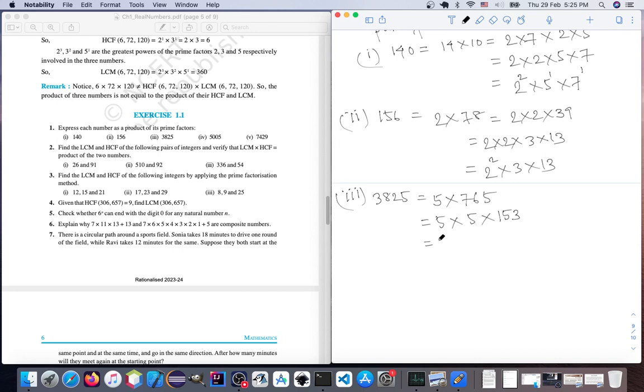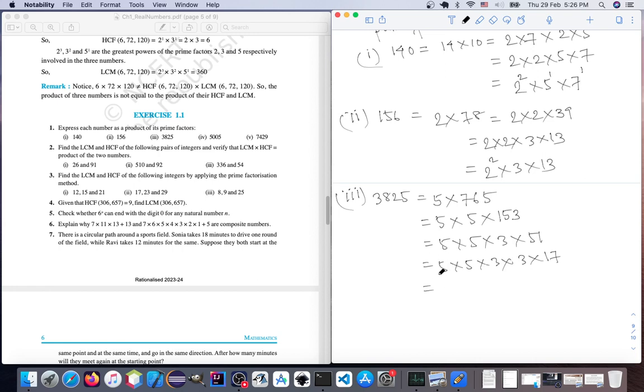Now, this, 3 into 51. We have this 3 into 51. 51 can again be factorized as 3 into 17, and we are done. 17 is a prime number.